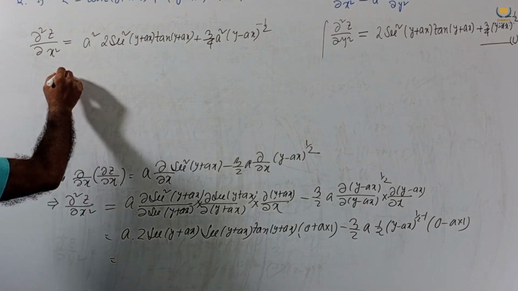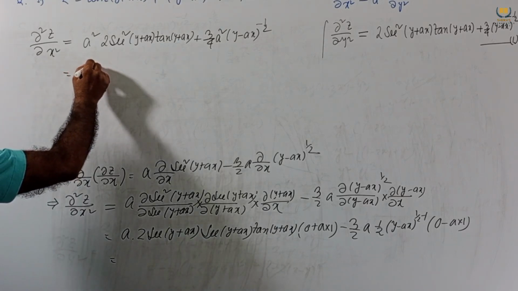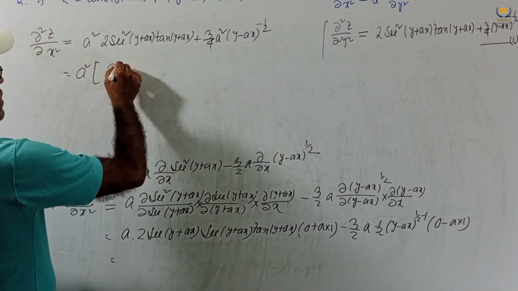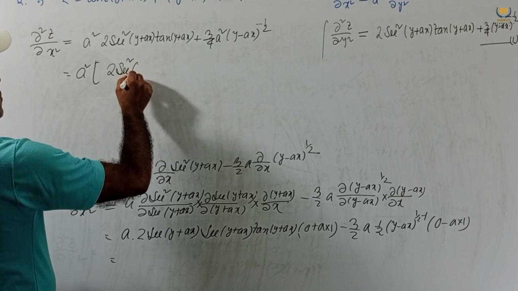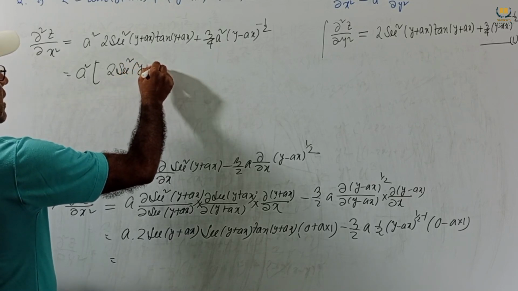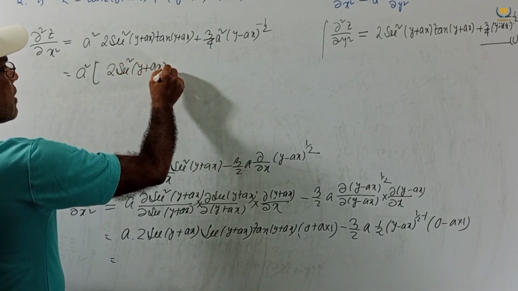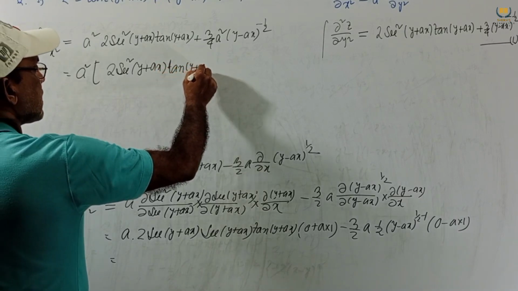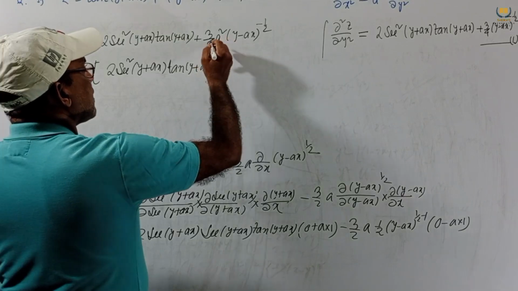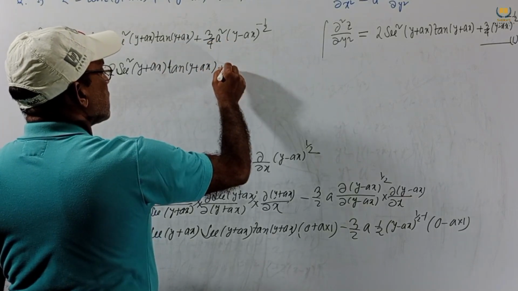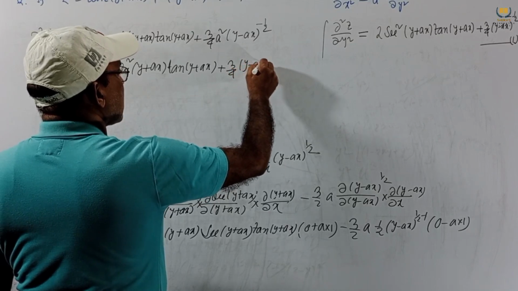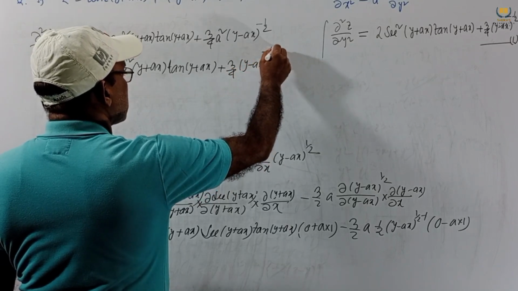So from this, taking a² common from these two terms, we get a² [2 sec²(y + ax) tan(y + ax) plus 3/4 (y - ax)^(-1/2)].